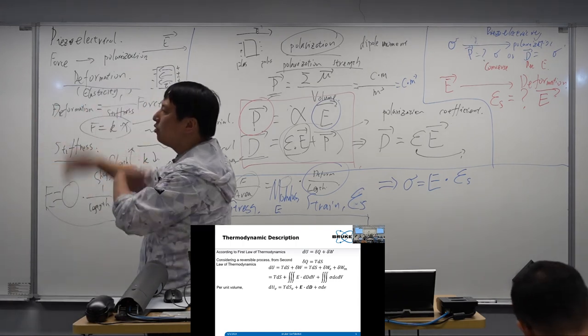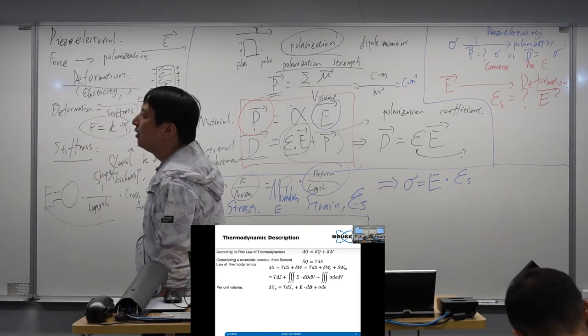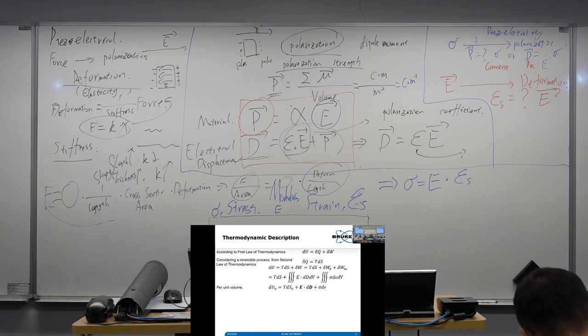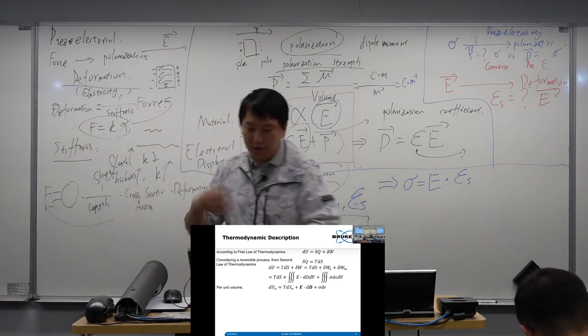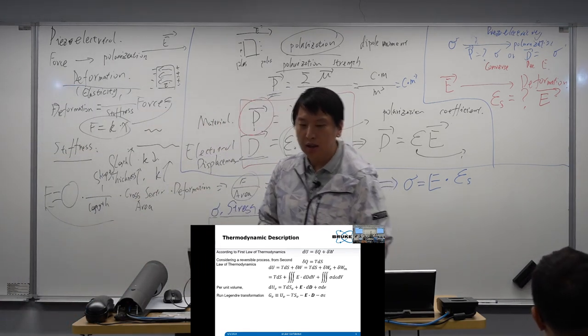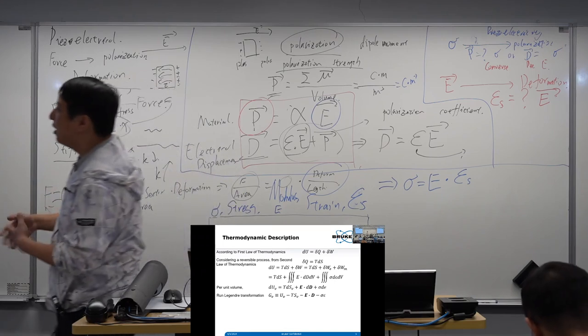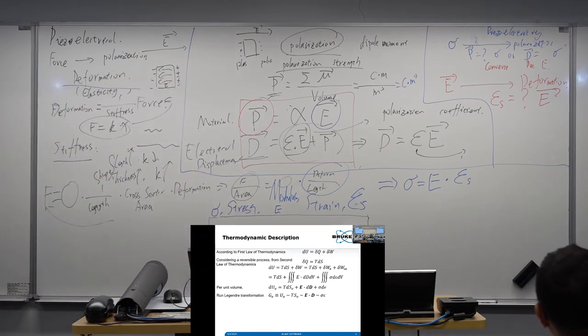So we need to do some mathematics to make D outside and E inside the derivatives, right? This transformation in mathematics is, I forgot, this is a French name. I forgot how to pronounce this word.